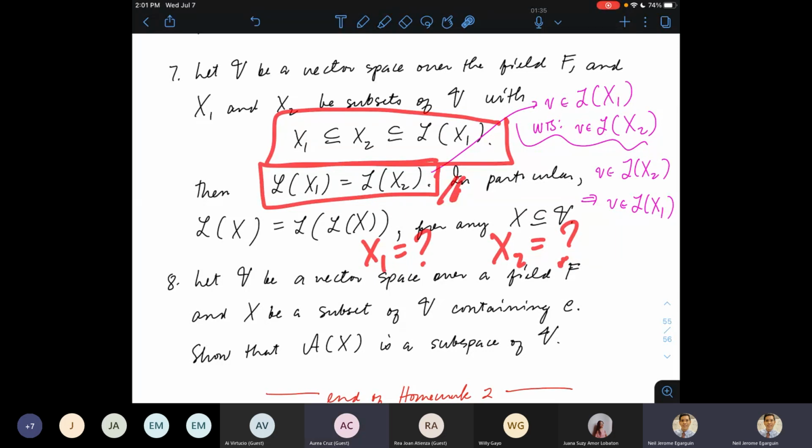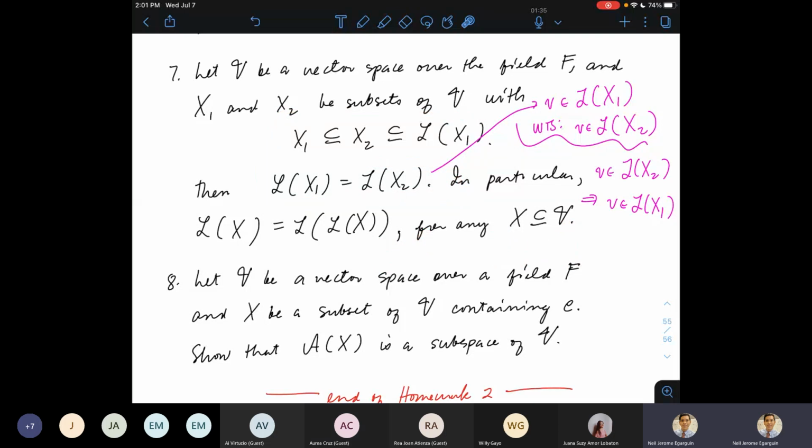Okay, sir. So ano yung piliin kong x1, ano yung piliin kong x2, such that totoo itong inclusion na to, and so magfa-follow itong statement na to. Though the clue is, by just looking at the form of it, I want you to play with it.